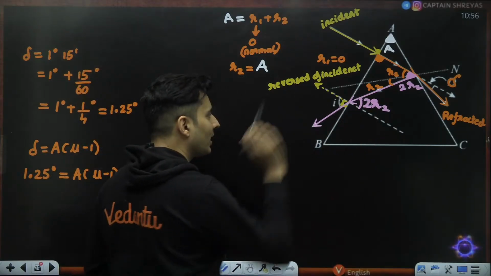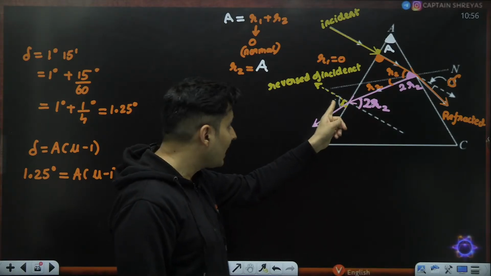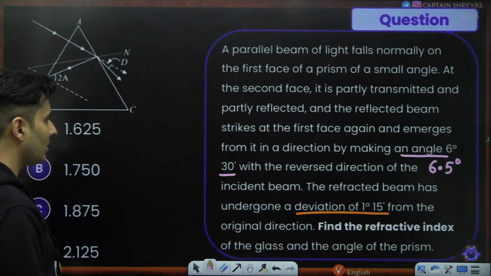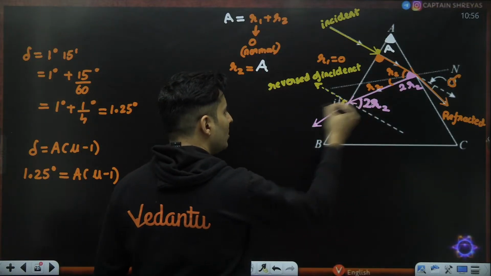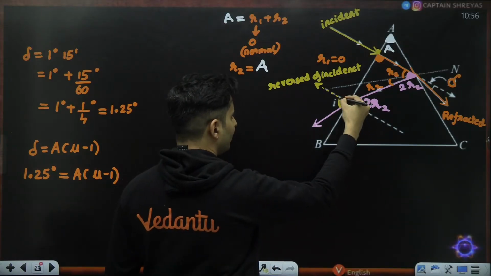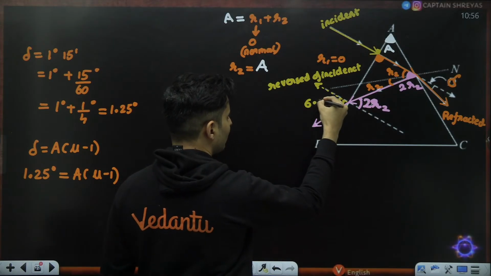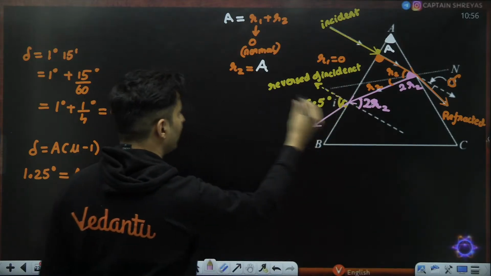Trust me. Okay. So if this is a 2R2 and this angle is given to me, it is 6.5 degrees. Oh, let me use Snell's law, guys. This angle is given to be 6.5 degrees. I have to use Snell's law, no other option.